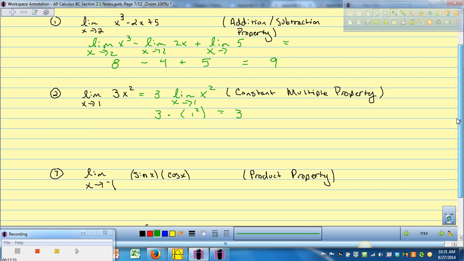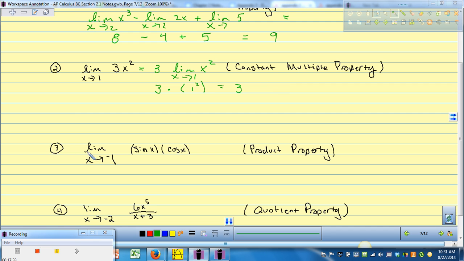All right. Our next one is the product property. The limit as x approaches -1 of sine of x times cosine of x can be performed by doing the limit as x approaches -1 of sine x times the limit as x approaches -1 of cosine x. What do we get? This is a free response question.